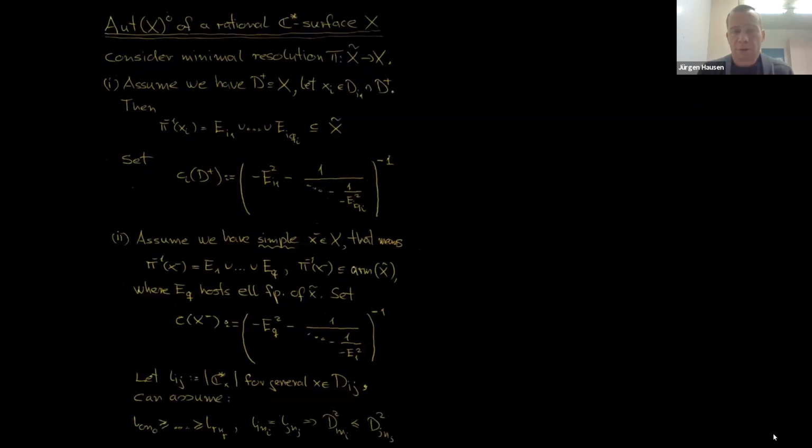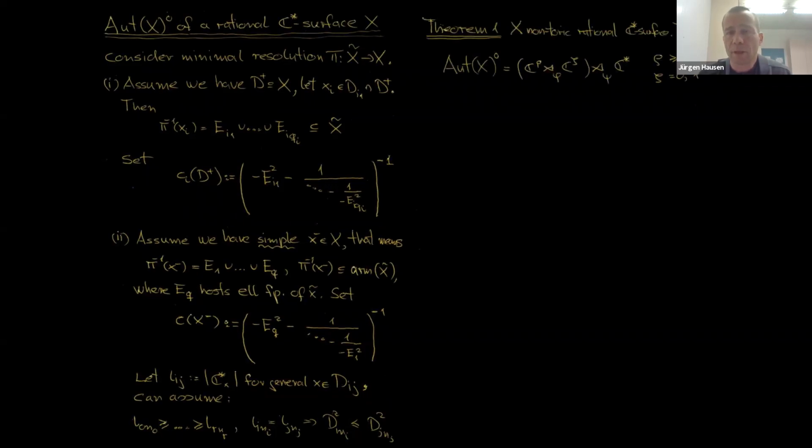So now we have everything to state the theorem. It is the following. We look at a non-toric rational C-star surface. Then the unit component of the automorphism group is a semi-direct product of, I'm speaking first of the term in the parentheses, C^rho semi-direct C^zeta, where rho is a non-negative integer and zeta can be 0 or 1, and this twisting homomorphism phi is specified later.